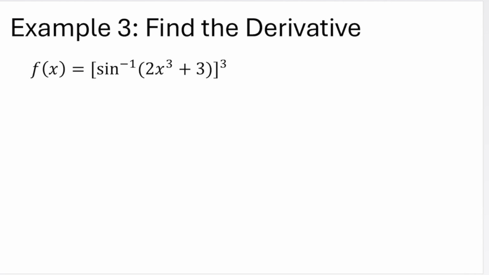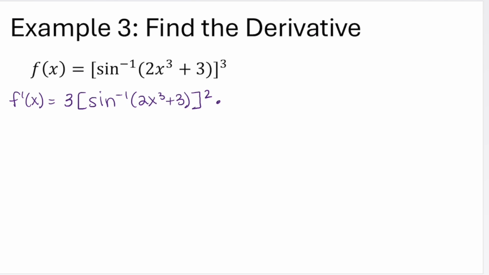And I'm going to start by taking the derivative of the outer function. So f prime of x, I'm going to try to write small so I have lots of space. So I'm going to bring the 3 out in front. And then I'm going to keep everything on the inside. And then I'm going to bump it down to a squared.